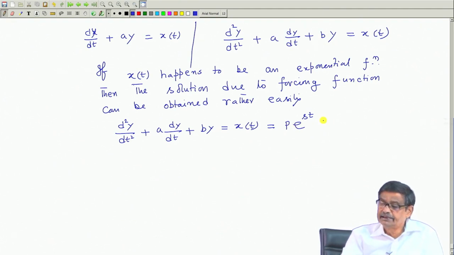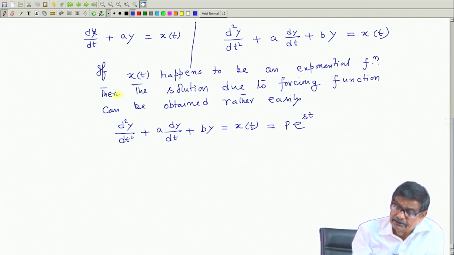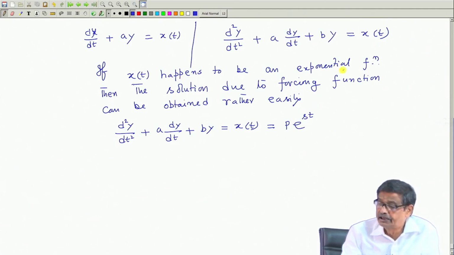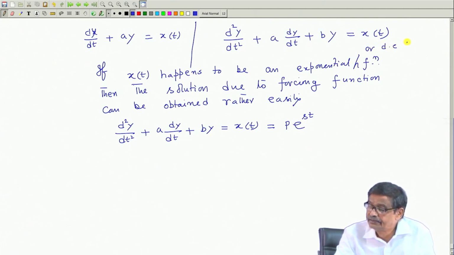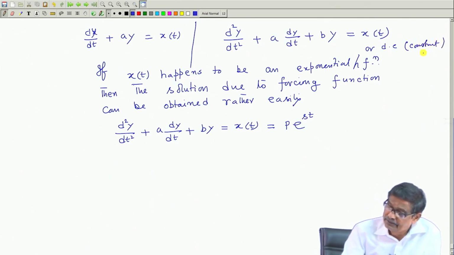On the right hand side it is an exponential function, and this I will just change a bit. If x(t) happens to be an exponential or DC constant, because with s equal to 0 this will appear to be a constant, p is constant.